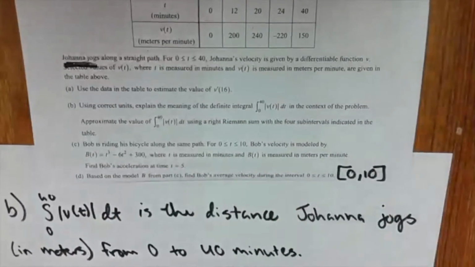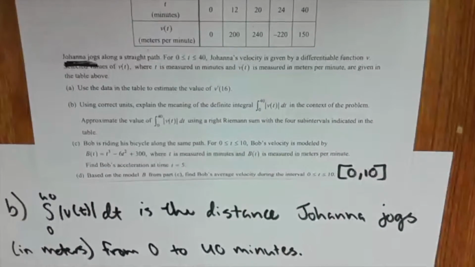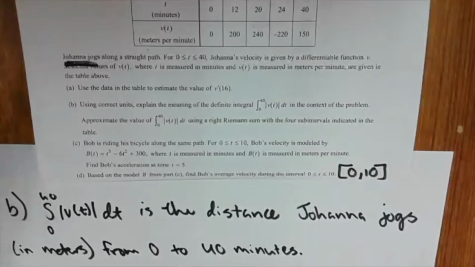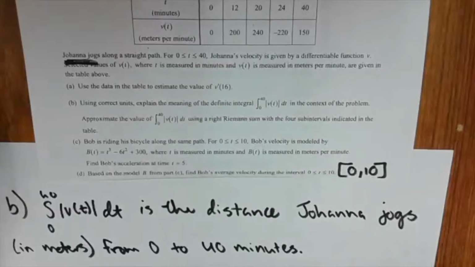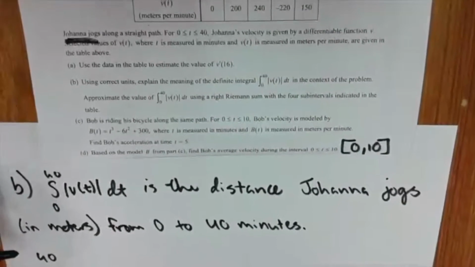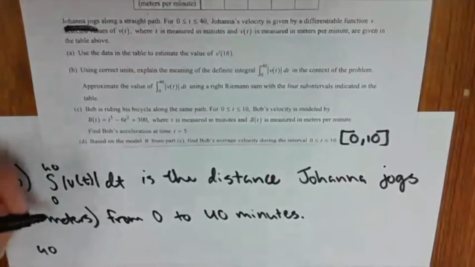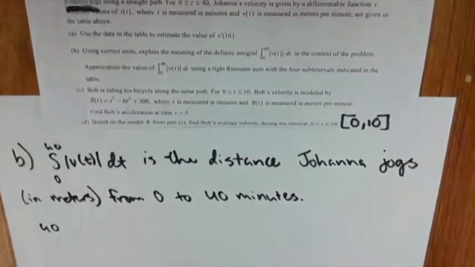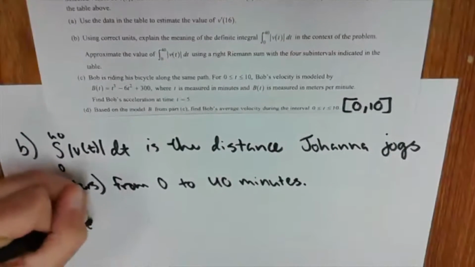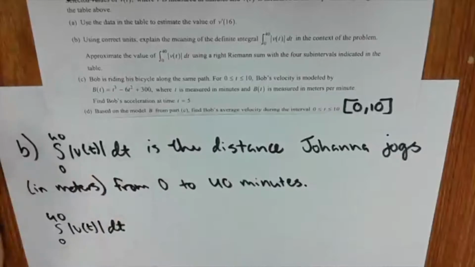Okay, and for our next part of the problem, it asks us to approximate the value of this integral using a right Riemann sum. And so to do that, we know from our integral right here, and we're using a right Riemann sum, so v of t dt.